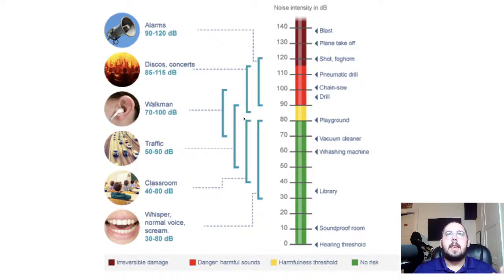Into this kind of yellow range where you could run into some problems. And then as it starts getting up into these higher ranges, you can start potentially hurting your ears, if you're too close to the sound and you listen to it for too long. You don't want that to happen.